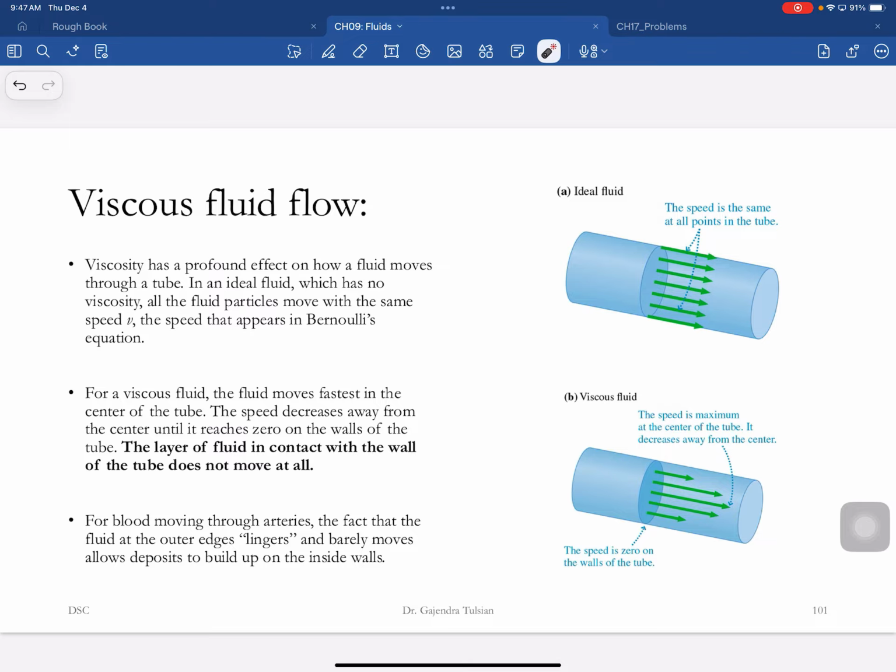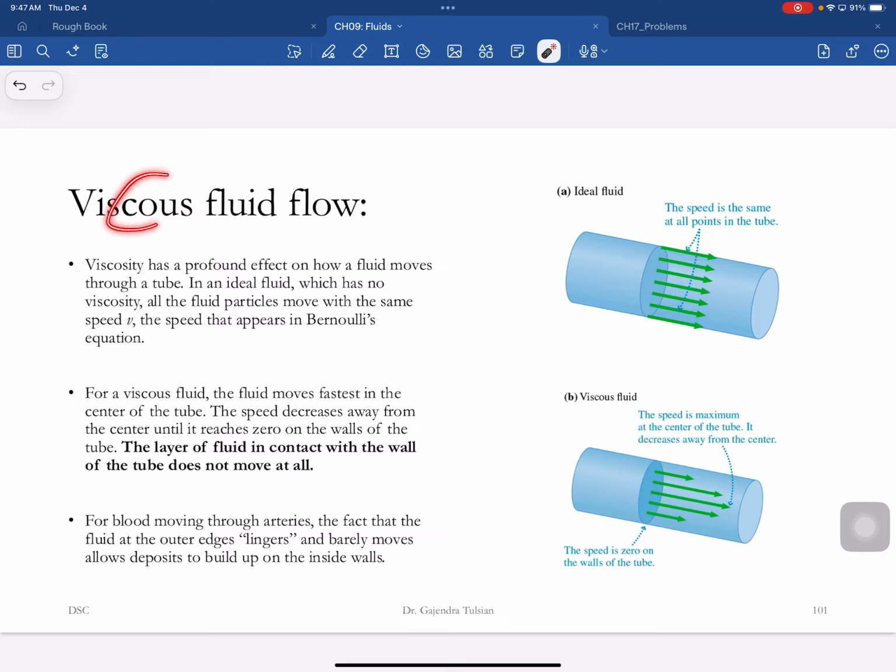All right, so viscosity decreases with increase in temperature. Okay. Now here is the effect of viscous flow. If a fluid had no viscosity, the fluid is flowing in a pipe. You see, the speed of the fluid flow would be the same everywhere.